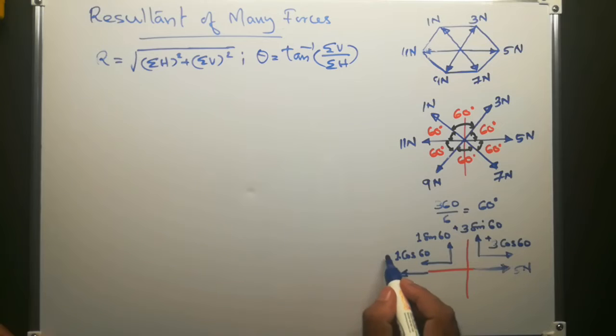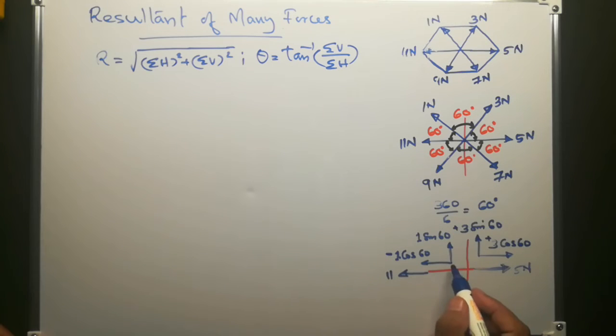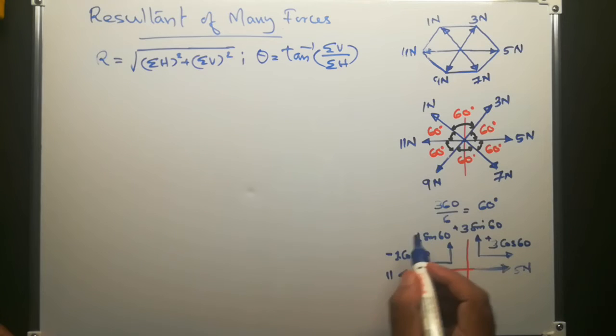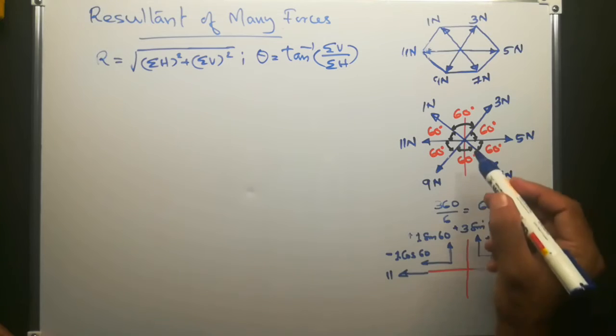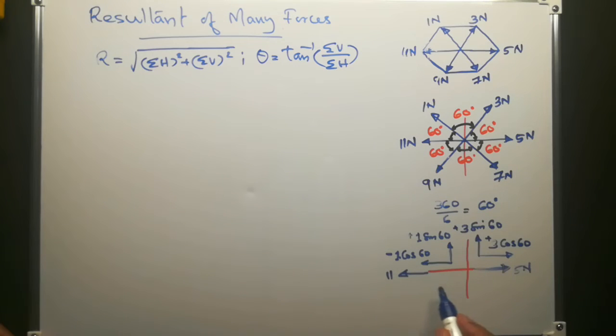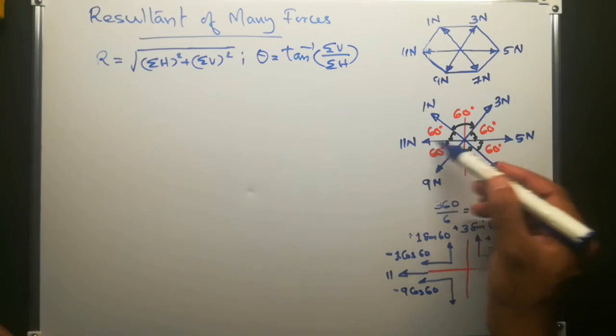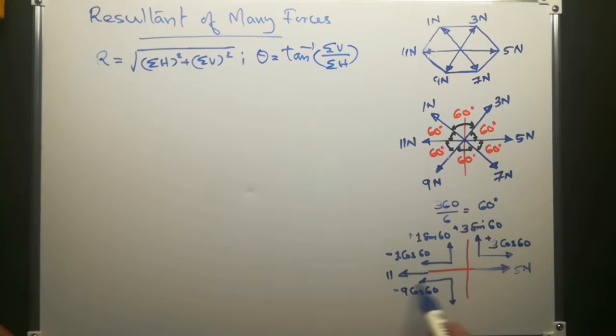Here 1 cos 60 will be negative because it is acting from right to left, and 1 sin 60 will be positive because it is acting upwards. Then for the 9 Newton force, this is minus 9 cos 60 because this angle is at 60 degrees with the horizontal, so this side is the adjacent side, the cos component.